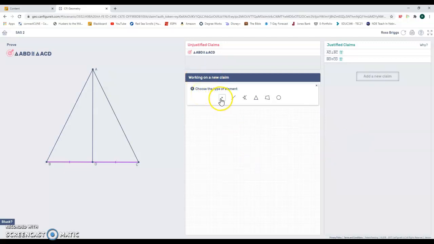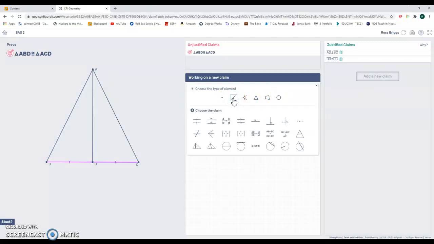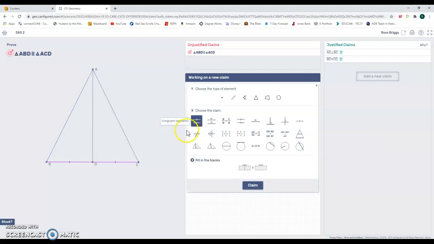I can choose a point, a line, an angle, a triangle, a polygon, or a circle. Obviously we want to choose segment, because that's what we're dealing with. I want to claim that it is congruent to itself, and I can either click on the actual segment AD, or I can type it in like so, AD. So I'm claiming that segment AD is congruent to segment AD.